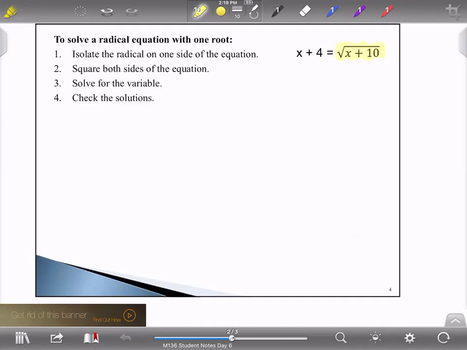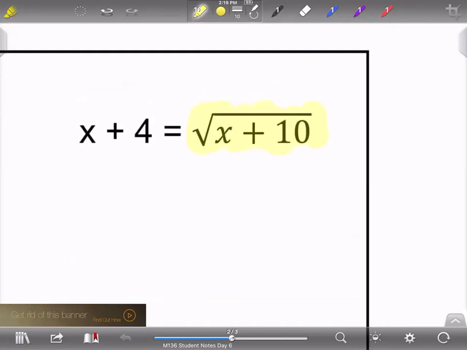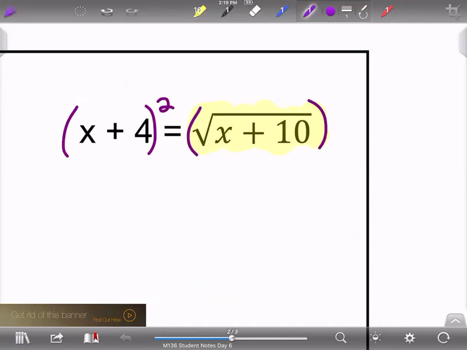So then we're going to jump to step number 2. Step number 2 is to square both sides of the equation. So now that we've squared both sides of the equation, the right-hand side is the simpler side.